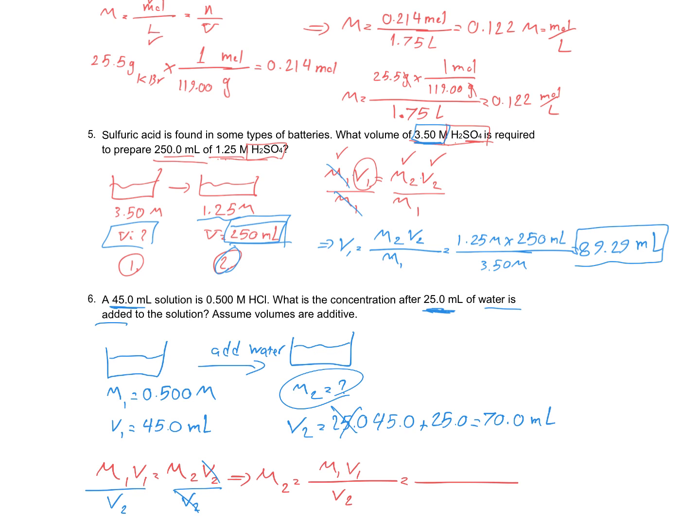So M1 is 0.500 molar, and V1 is 45.0 milliliter. V2 is 70.0 milliliter. So we can get rid of these two and you end up with molar, and the final answer is 0.321 molar. That's the concentration of the acid when we add 25 milliliter of water to it.